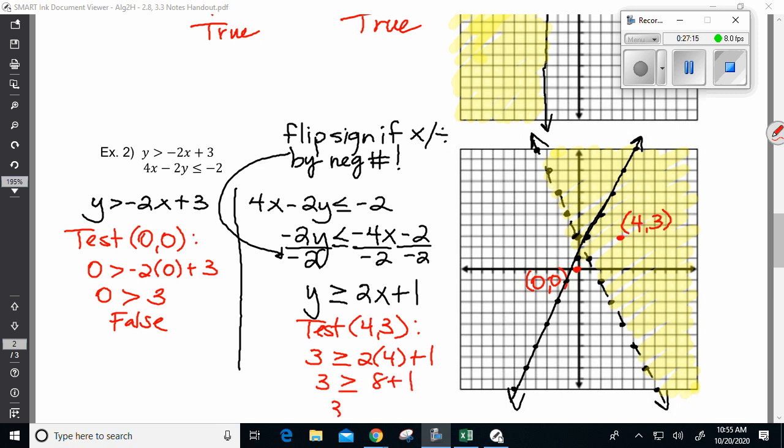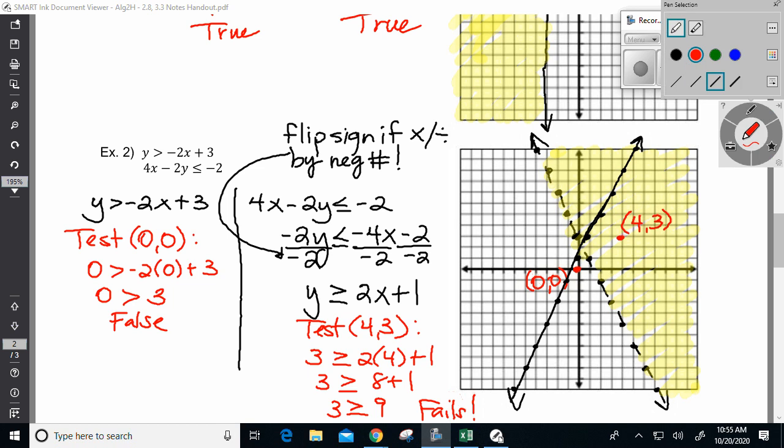So 3 is greater than or equal to 9. Ha! No. That fails. 3 is not greater than 9. So that means I cannot shade where that point was. I have to go on the other side and shade.